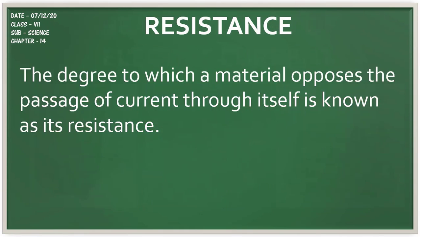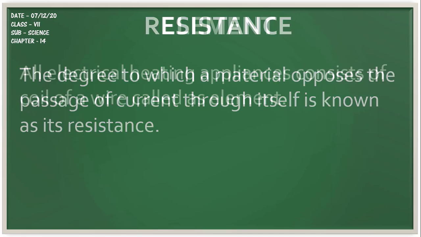The degree to which a material opposes the passage of current through itself is known as its resistance. Actually, when an electric current passes through a high resistance wire, electric energy gets converted into heat energy, and this heat energy heats up the wire. Element.